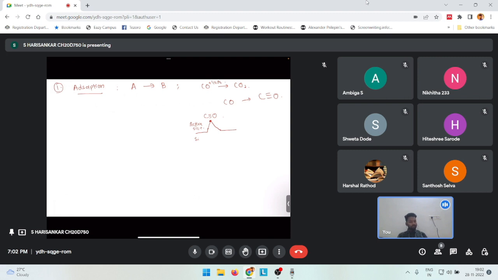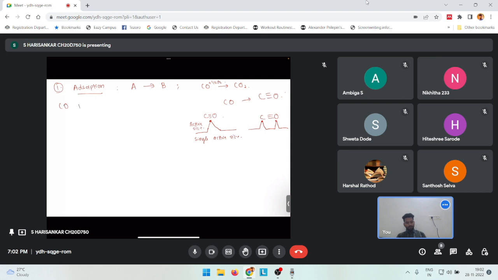Or this can get adsorbed onto two different active sites. C can get adsorbed here and O can get adsorbed here. So there are two ways in which this CO can get adsorbed onto your active sites. Now let us just consider the first case, the single active site case.